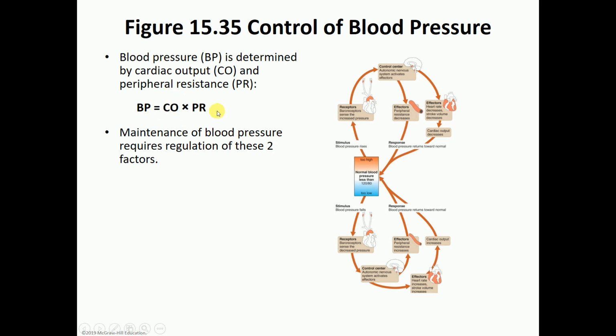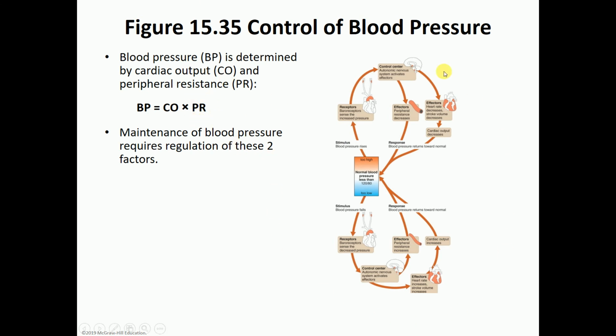If these two decrease, your blood pressure decreases. So they are all directly proportionate to each other. So in order to maintain a constant blood pressure, you can do so by controlling or regulating these two forces, your cardiac output, which again, remember, was heart rate times stroke volume, or changing the peripheral resistance.